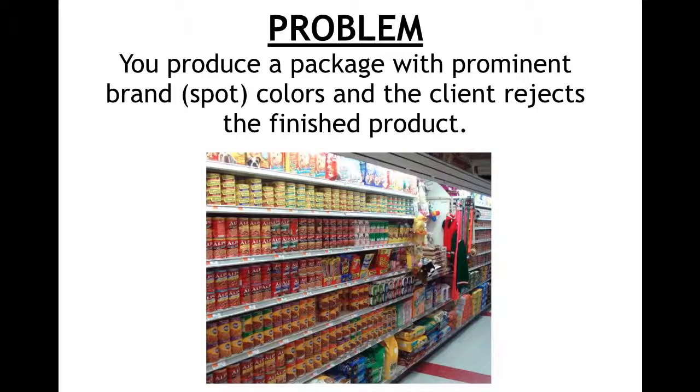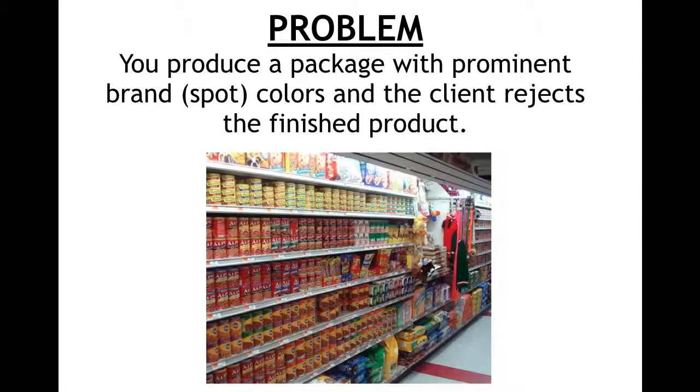So you've got these offset printed on relatively inexpensive folding carton board, and then you've got this nice photo print or banner paper with a really bright white point and fluorescence in it, and you need to match that brand color. Believe it or not, this is where a lot of rejections come in, because the brand rep comes in and looks at it and says, "You missed my brand color."